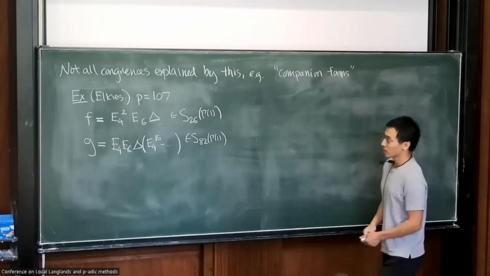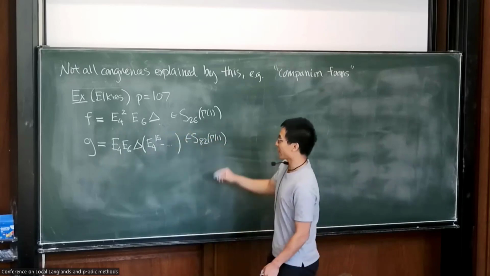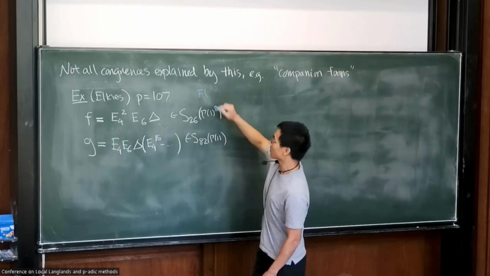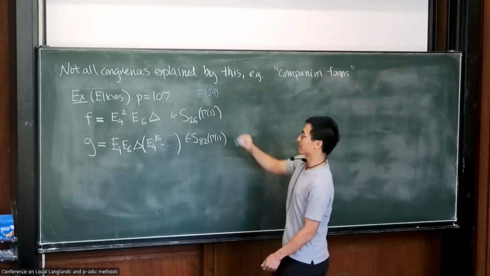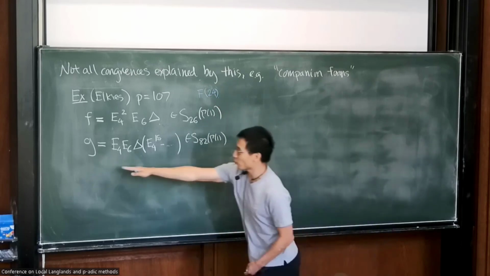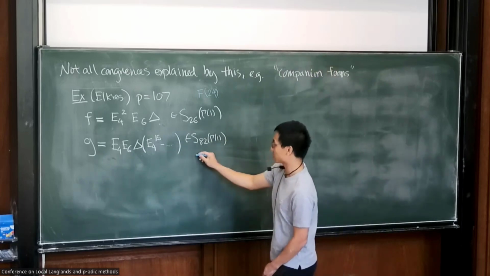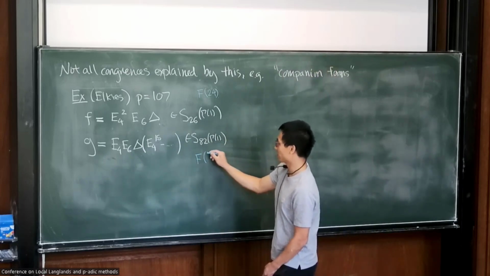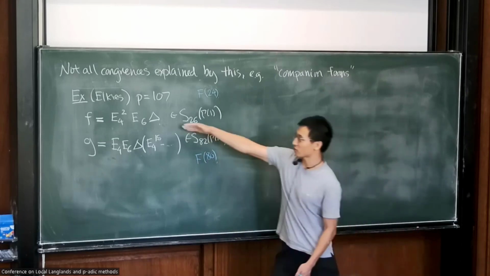Okay, so what we see here is that this, in that representation theoretic language, would be coming from the irreducible representation F24. And this form comes from this Eichler-Shimura relation from a representation which we're calling F80. So there is some kind of congruence between these two.